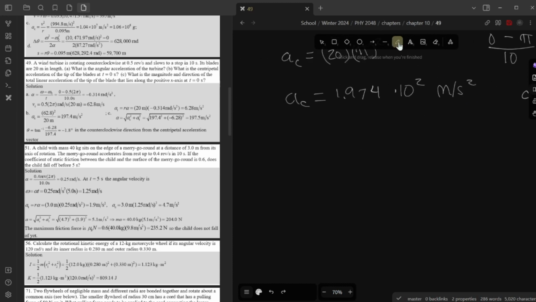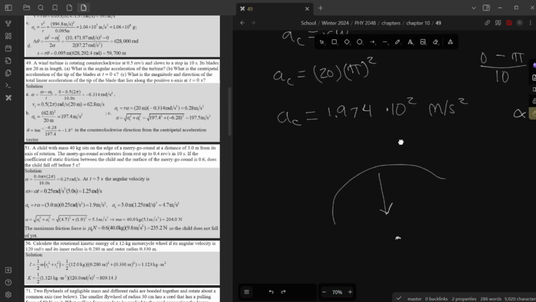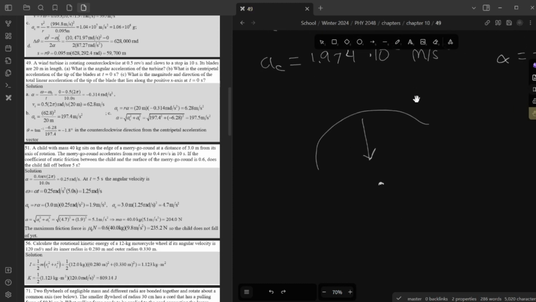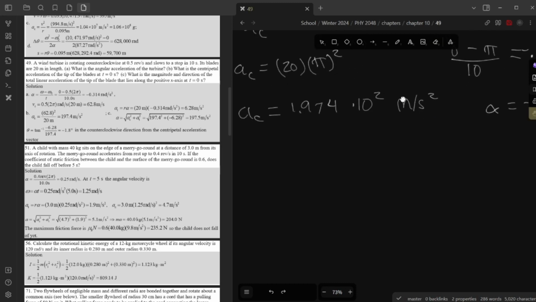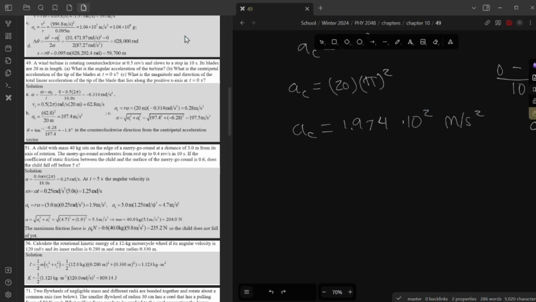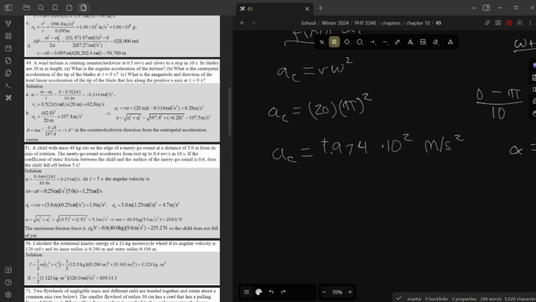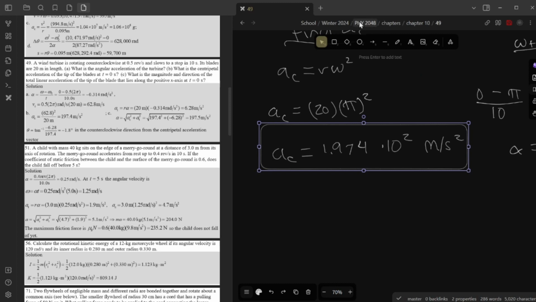And remember, centripetal acceleration is the inward force that goes to the center. So the center of rotation is the direction of your centripetal acceleration. So yeah. So that's part A and B done. Let me just box these so we know the answers.